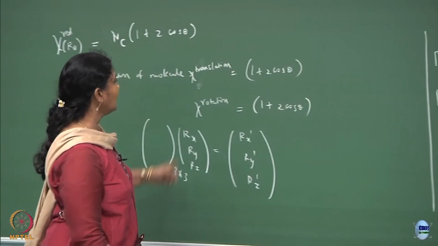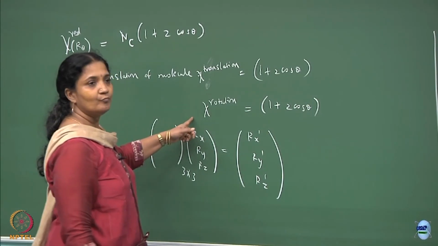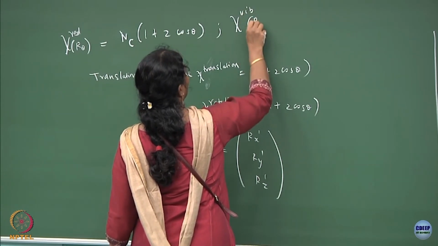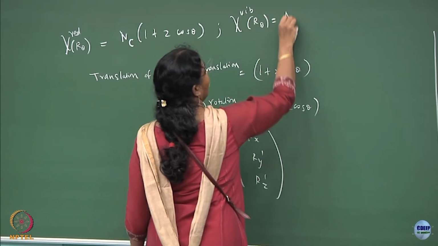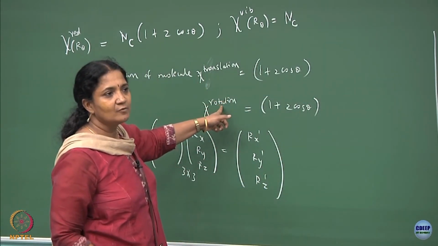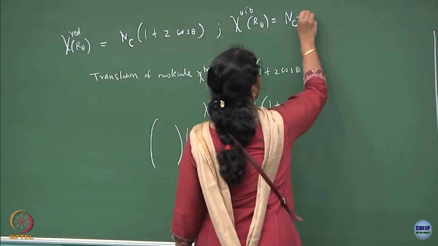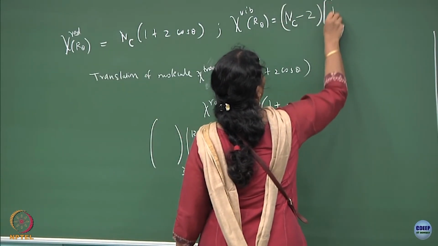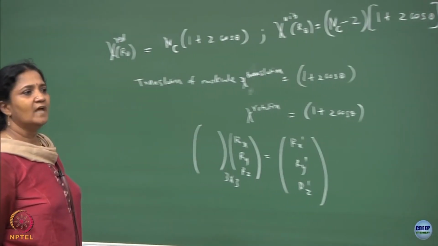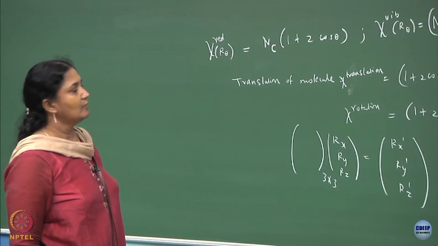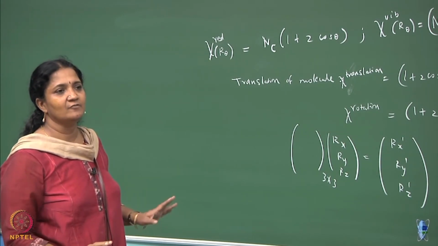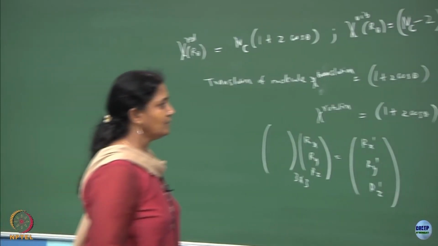So, there you can try and remove these two. If you do that, chi vibration for rotation by theta will be NC minus translation minus rotation. So, it will be NC minus 2. That will be the expression for the vibrational; it will only look at the vibrational degrees of freedom.